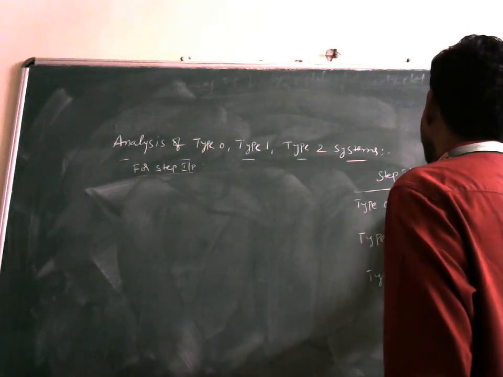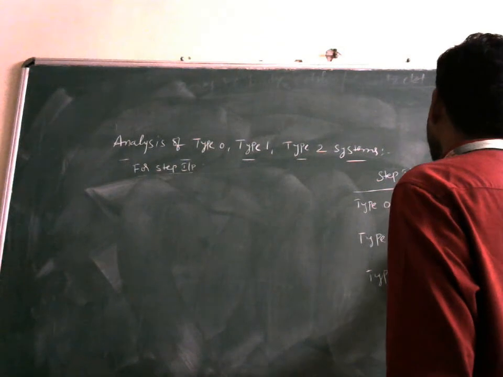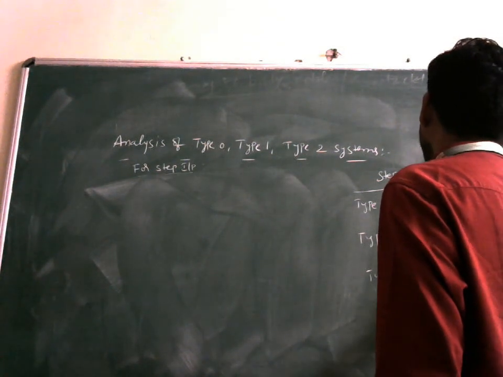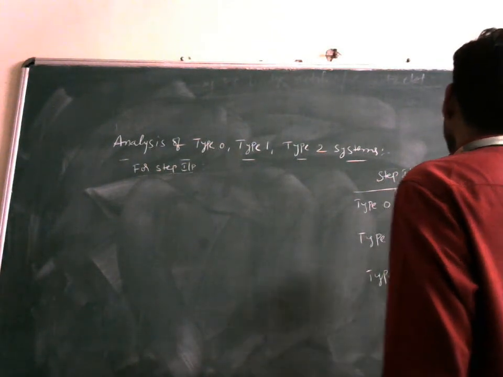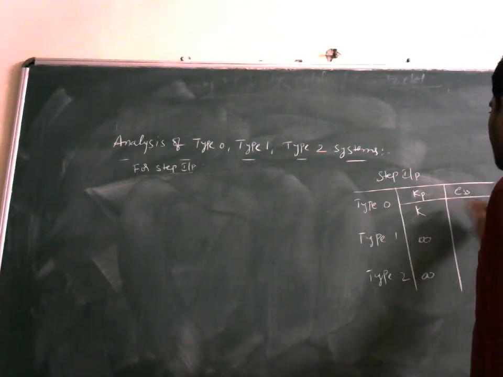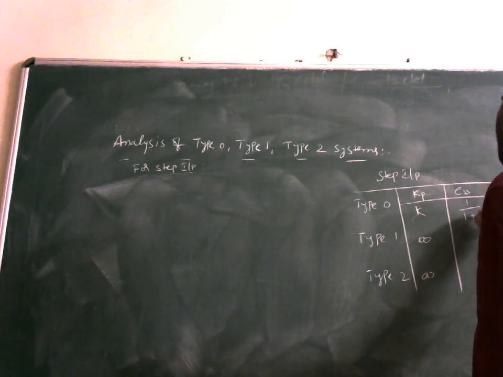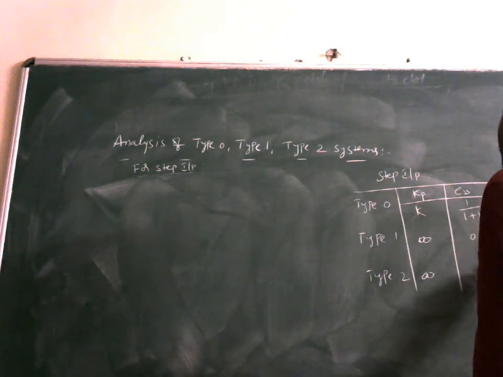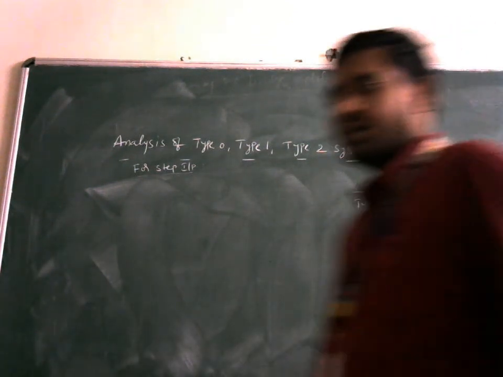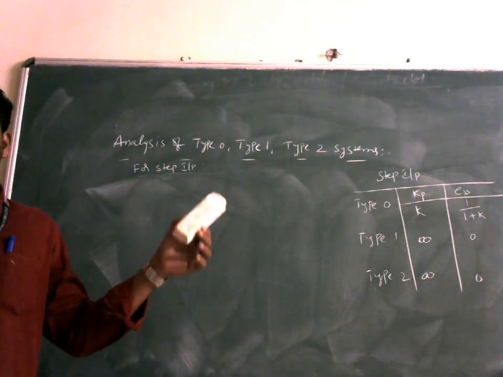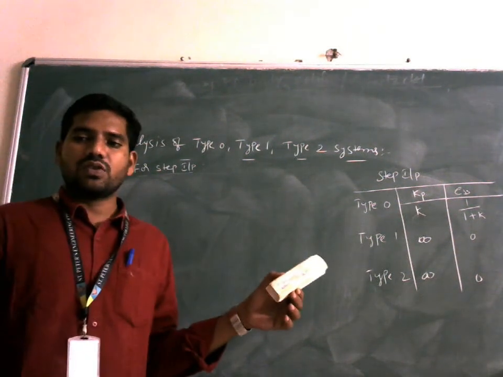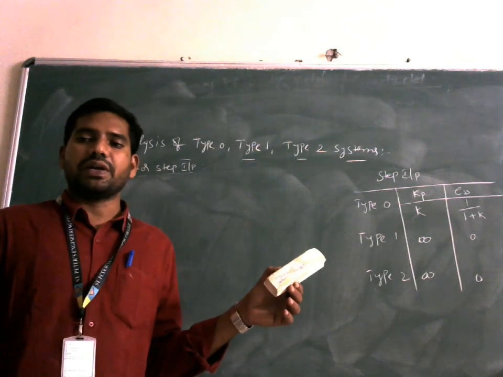What is the Kp value here? K, infinity, infinity. Right? Here what is the steady state error? ESS is 1 divided by 1 plus K. Here 0. Like this we are getting. This table, anyhow, I am going to explain at the last. That is a very, very important table which we are going to use in our GATE examination.